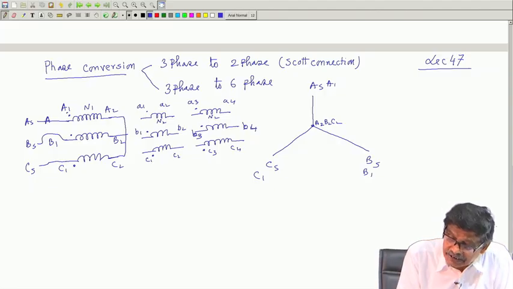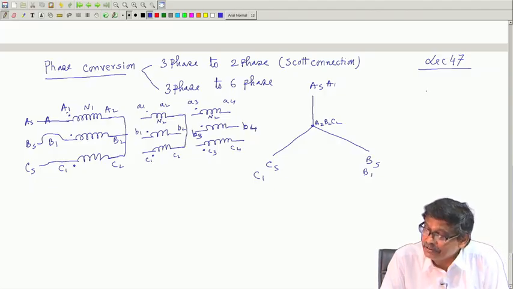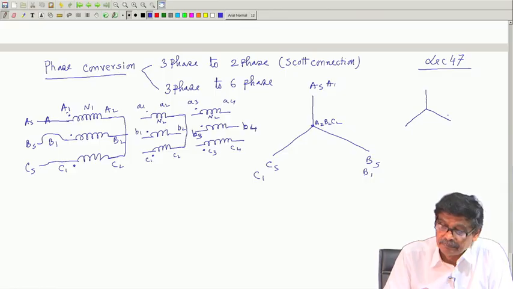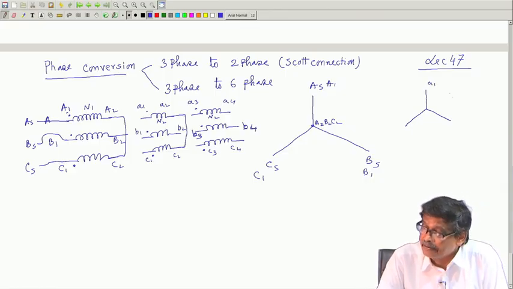Why? Because if you join these 3, then you get Y by 0, and the voltages will be A 1, B 1 and C 1.